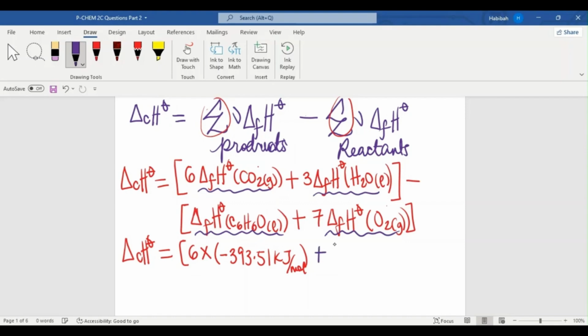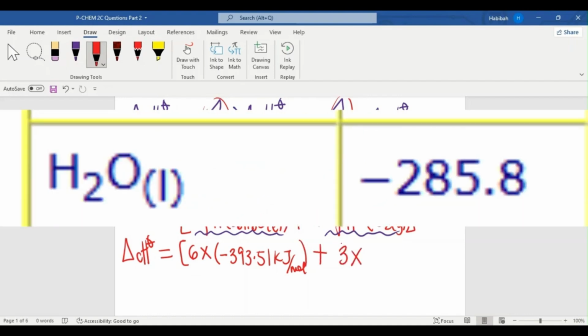Plus 3 times the standard enthalpy of formation for H2O liquid, which, looking at my textbook, is 3 times negative 285.83 kilojoule per mole.